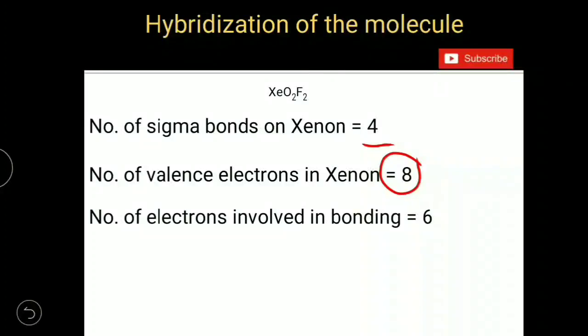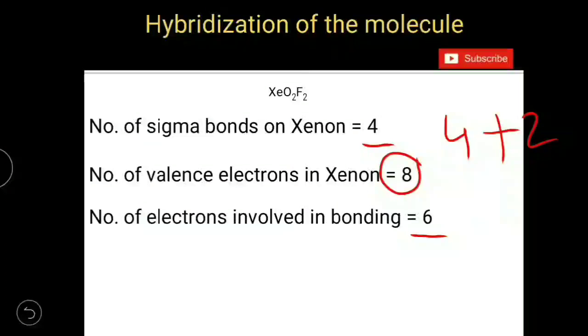So for each oxygen we need 2 electrons for bond formation. For 2 oxygens, 4 electrons are needed for bond formation. And when you come to fluorine, fluorine is monovalent atom. So each fluorine needs 1 electron for bond formation. For 2 fluorines, 2 electrons. So 4 plus 2, number of electrons involved in bond formation from central atom is equal to 6.